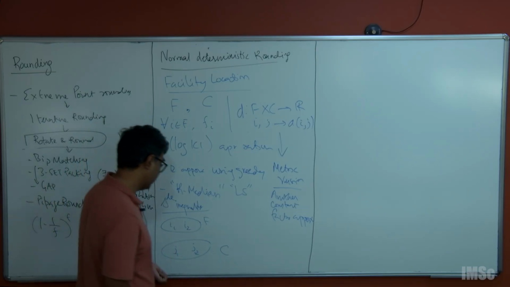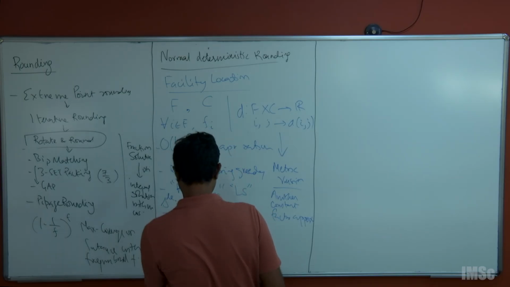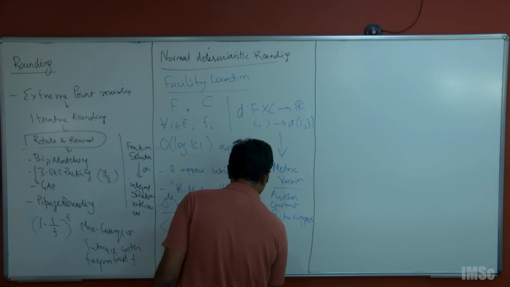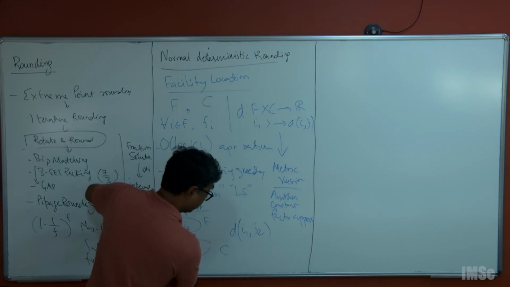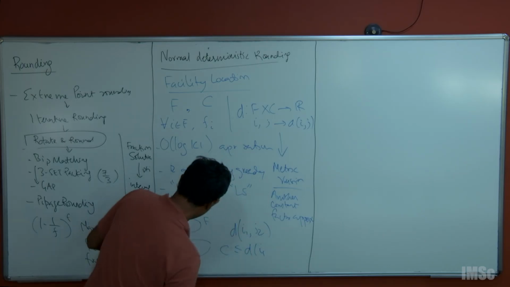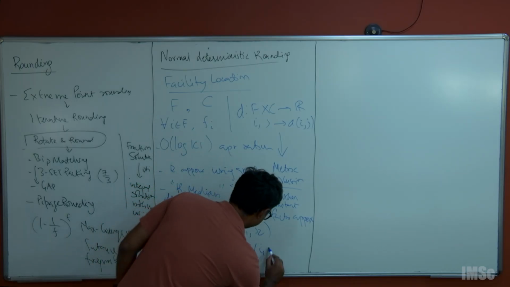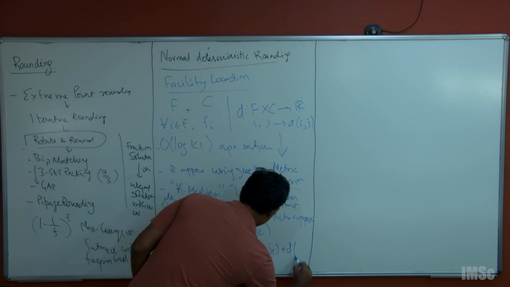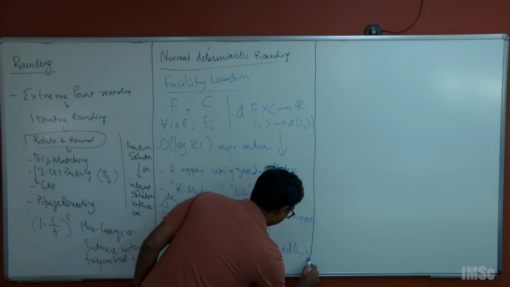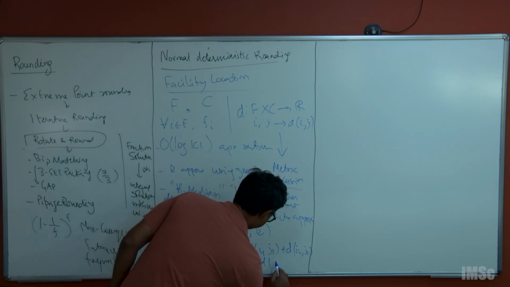Then we are basically saying the distance from i1 to j2 is less than or equal to the distance from i1 to j1, plus the distance from i2 to j1, plus the distance from i2 to j2.